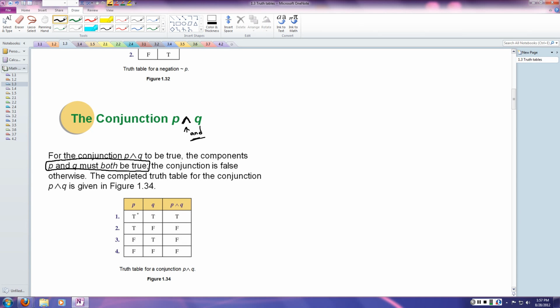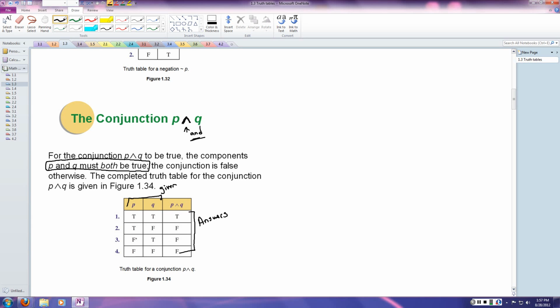So from the truth table here, you'll be given P and Q. So this will be given. And these will be what you need to fill in on WebAssign. So these will be your answers. So P and Q, well, P is true, Q is true, so your answer, P and Q, would be true. P is true, Q is false, so P and Q would be false.